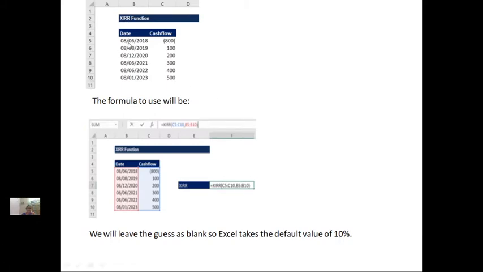See here the series of dates and cash flows. Then the formula applied here is XIRR, C5 colon C10, comma B5 colon B10. We leave the guess blank, so Excel takes the default value of 10%. The XIRR output is 20%.